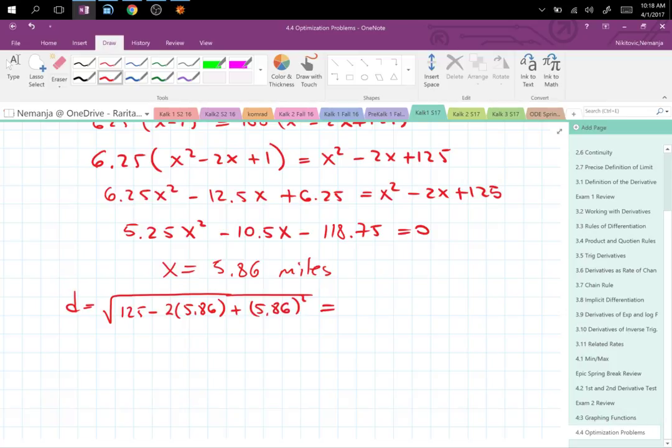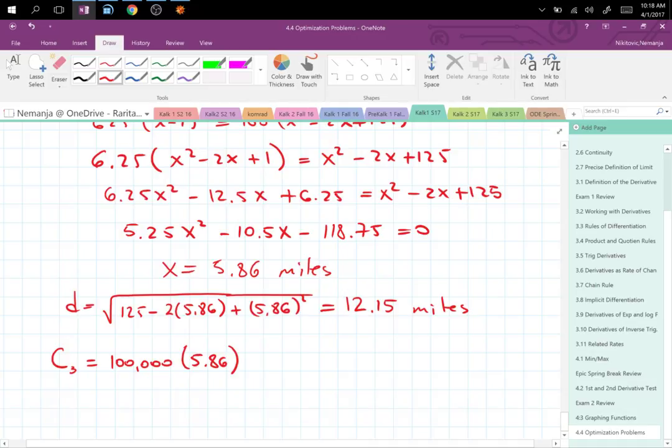I get 12.15 miles. So what's the cost? Cost 3 would be $100,000 times 5.86, that's on the ground, plus $250,000 times 12.15 miles.